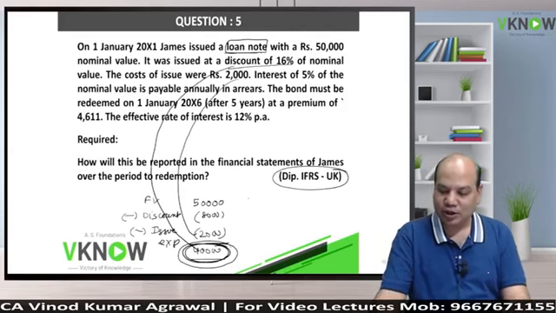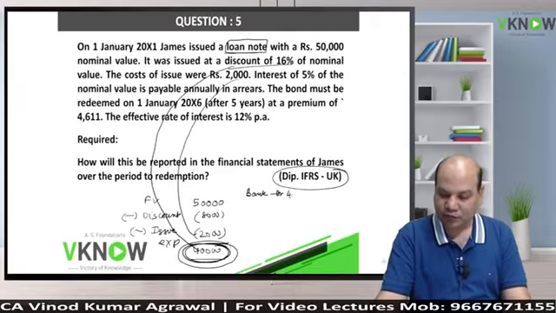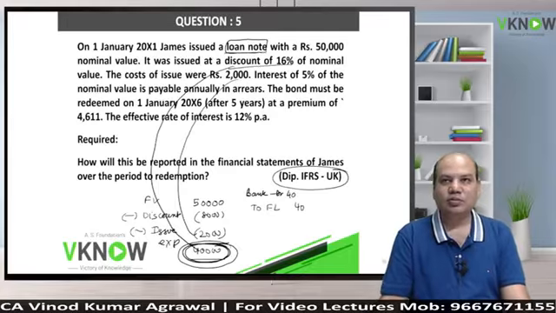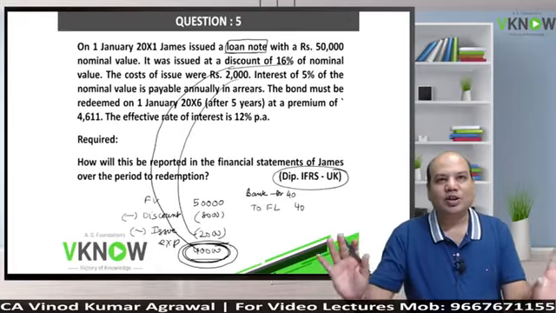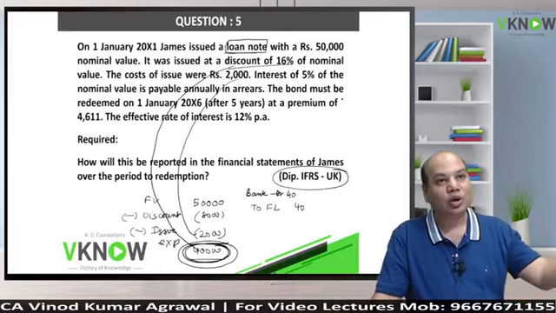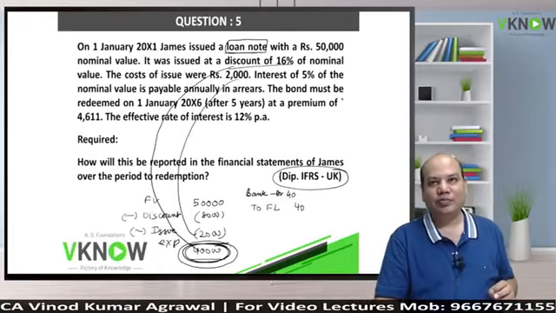So only one entry will be passed for everything. Bank debit 40 to financial liability 40. No need to debit discount account separately. That is under old GAAP, not under Ind AS. Is it right?